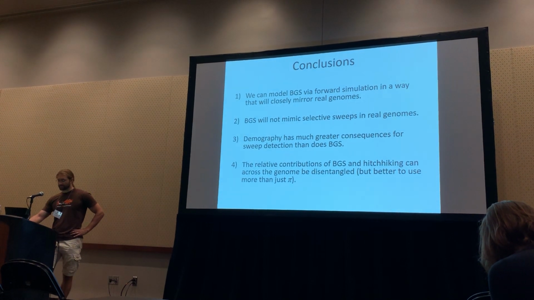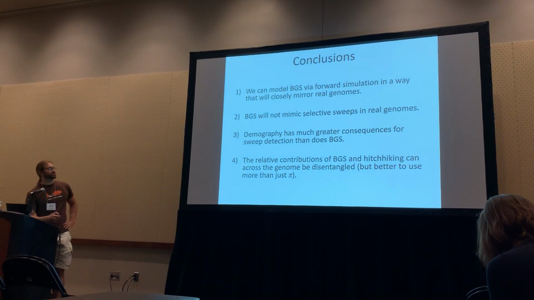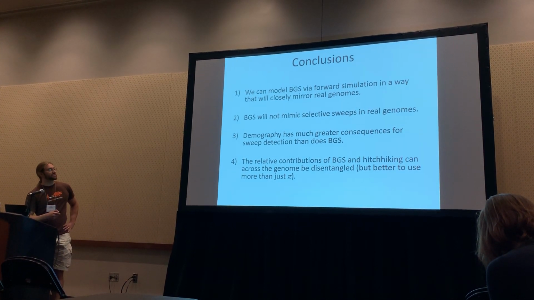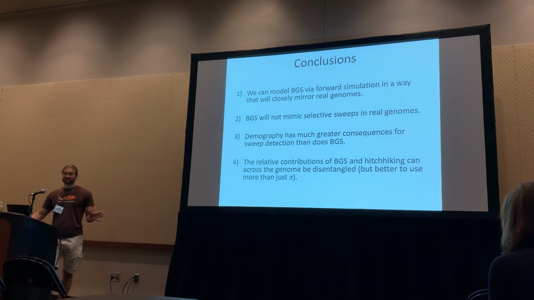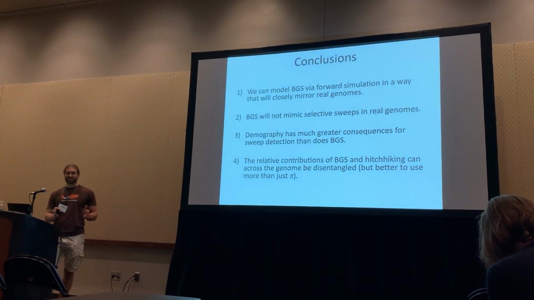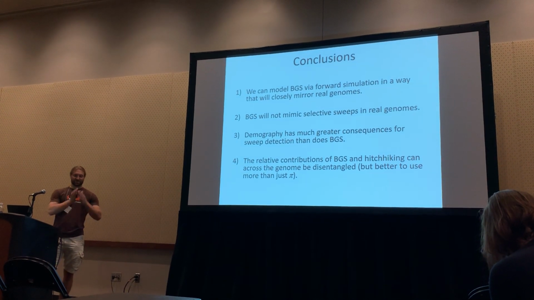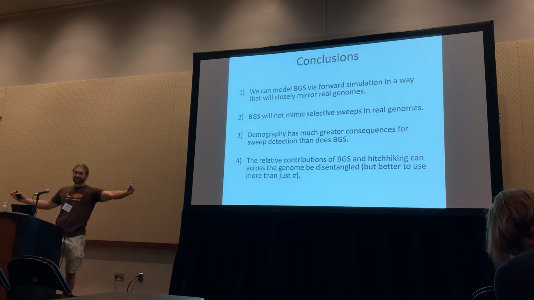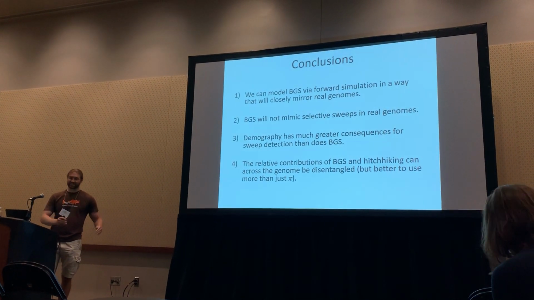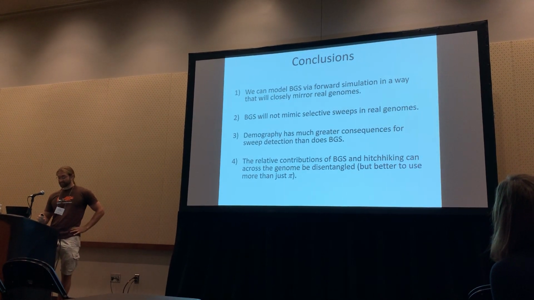Okay, so just to quickly wrap up, probably the biggest take-home of my study, I think, is that we can and should model background selection via forward simulation in a way that actually matches what BGS will look like in real genomes, where we don't have some central region that's under selection and then a desert of nothingness. We know where these selected sites are, so we should use that information when we're thinking about what these forces do in nature.